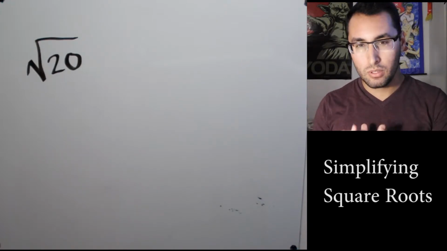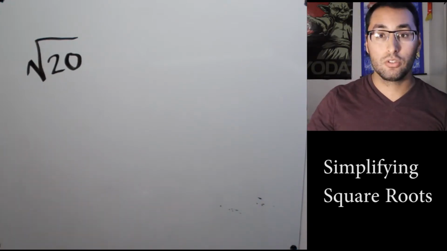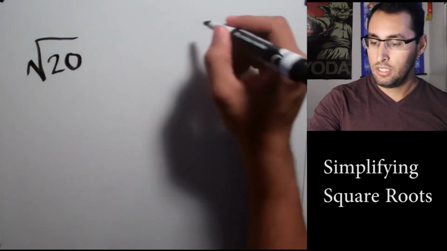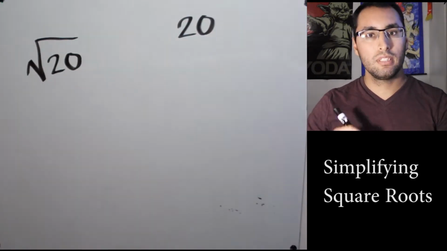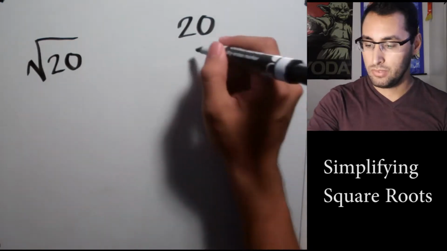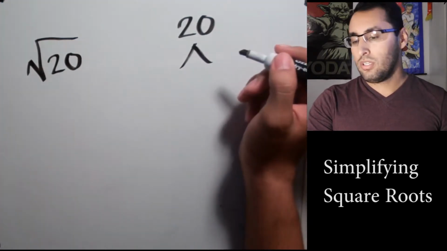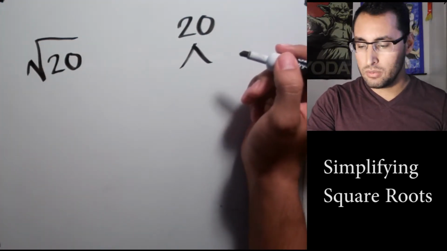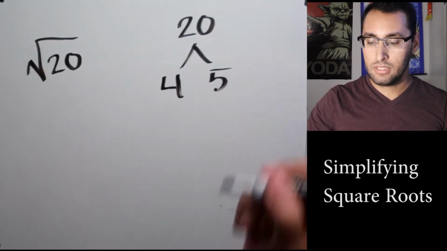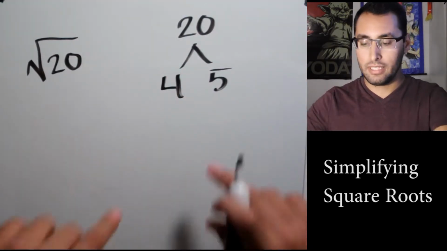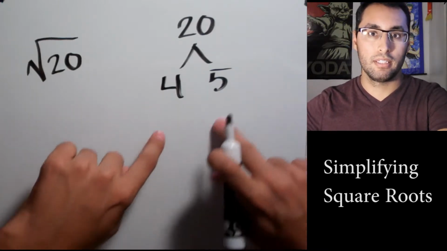Now this is what you do. I'm going to draw a factor tree. I'm going to write 20, and I look for two numbers that you multiply to get 20. You could do 4 and 5. And you still try to get these numbers into simplest form.